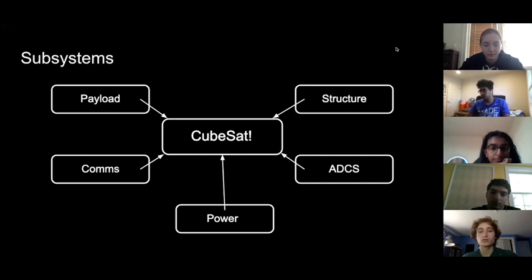We split those subsystems up, and for each subsystem, we assigned one person to make the code or build that part of the system. Throughout the process, we would talk to other subsystem heads and learn how to interface them and build them by ourselves. And in the end, we integrated those subsystems together to create the final CubeSat system.